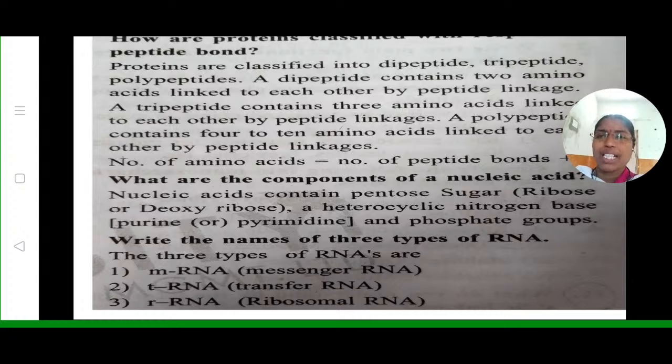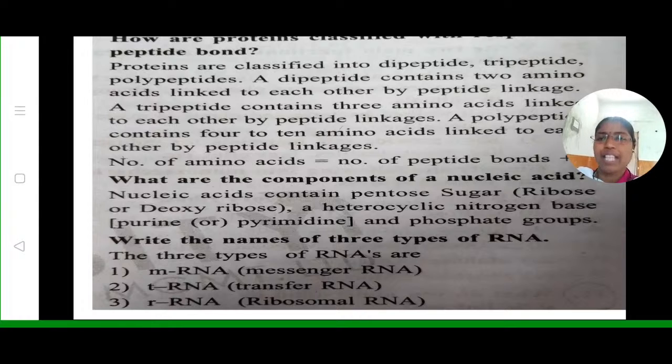A tripeptide contains 3 amino acids linked by peptide linkage. A polypeptide contains 4 to 10 amino acids linked by peptide linkage. The number of amino acids is equal to the number of peptide bonds plus 1. This carries 2 marks.